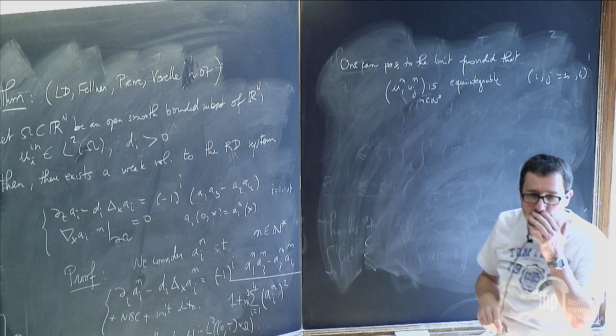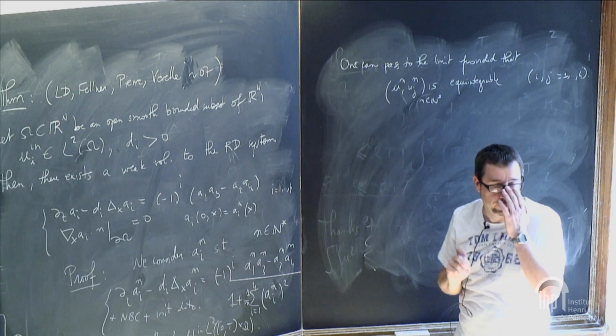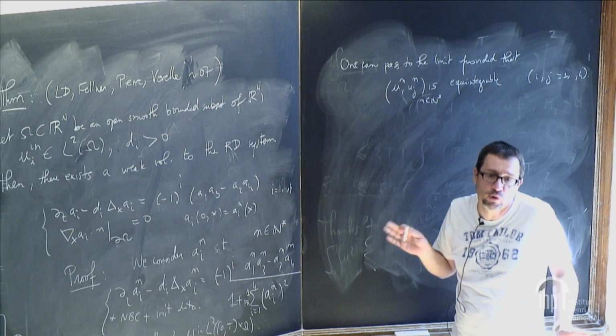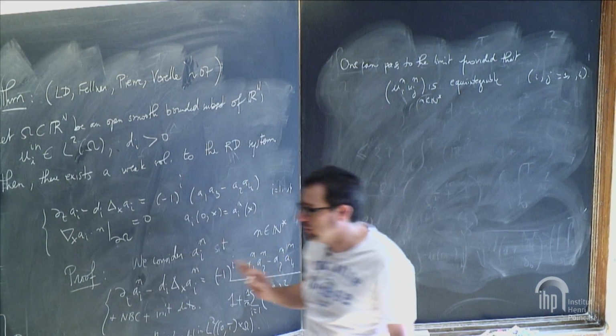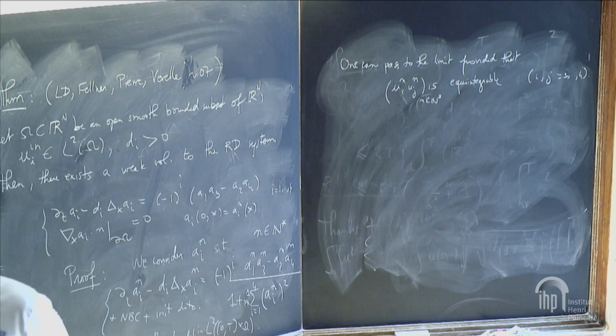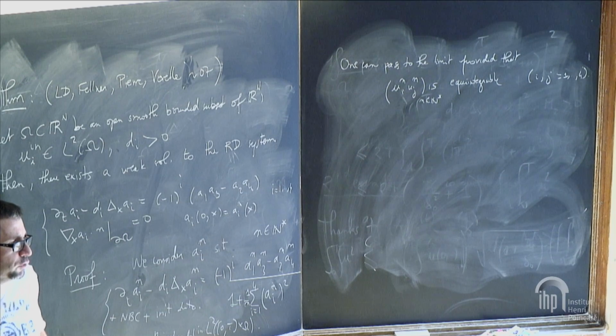And we will see tomorrow how it's possible to get this equi-integrability, since a priori the duality lemma just tells you that UI, UJ is bounded in L1. Okay, you need a little more.